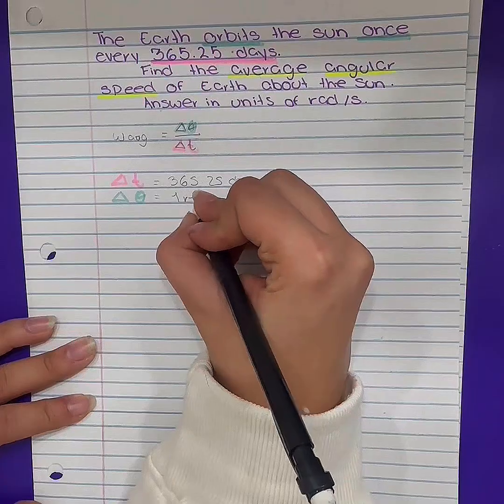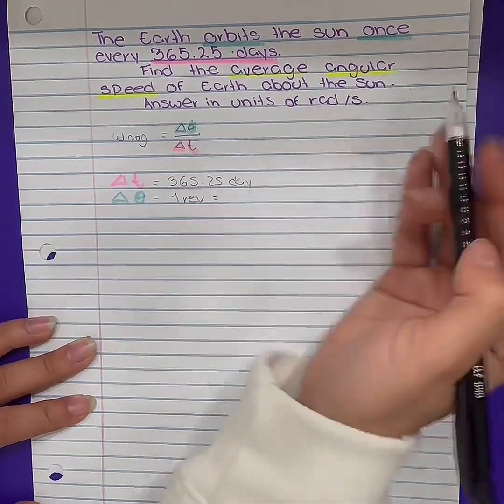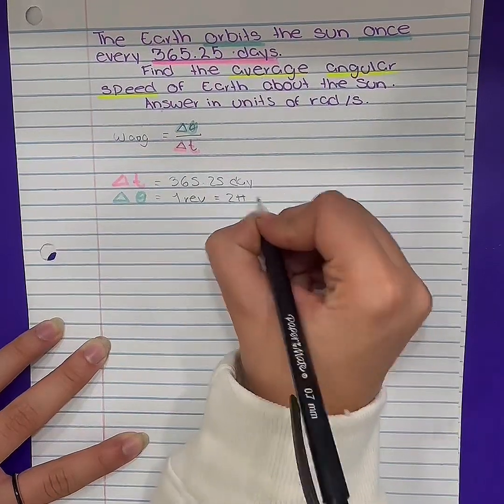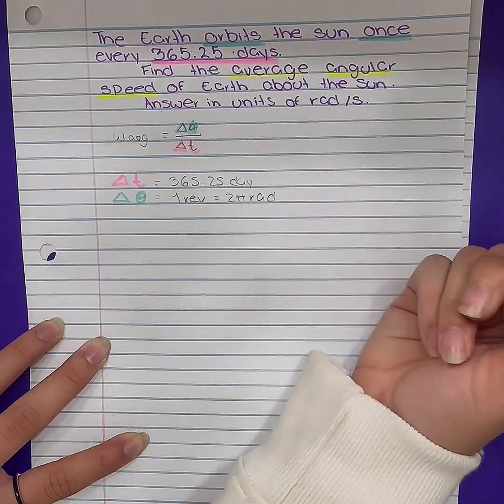So it's one revolution. Since we want it in radians, we know that it's 2 pi radians.